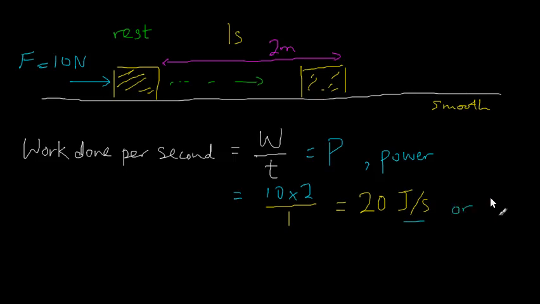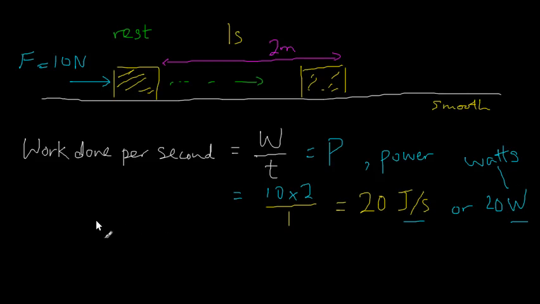Or you can call it 20 watts. So W stands for watts, W-A-T-T-S. So W means the same thing as joules per second, and we use the symbol W for the units of power in SI units.